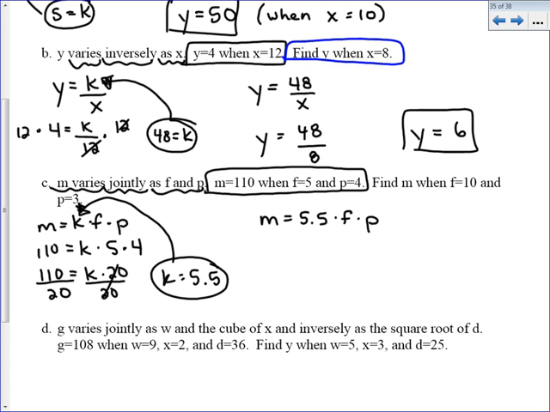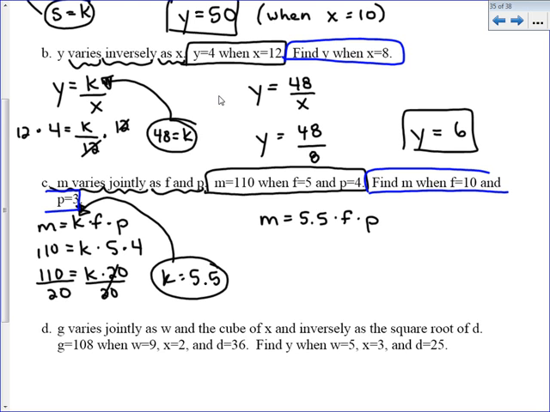And now that we've got all of that worked out, notice we didn't even read the question at this point. We didn't need it yet. You don't need the question until the very end. So don't read the whole thing and try to put it all together all at one time. Just piece by piece. Write your equation, put in your information, now answer your question. So we want to find M when F equals 10 and P equals 3.